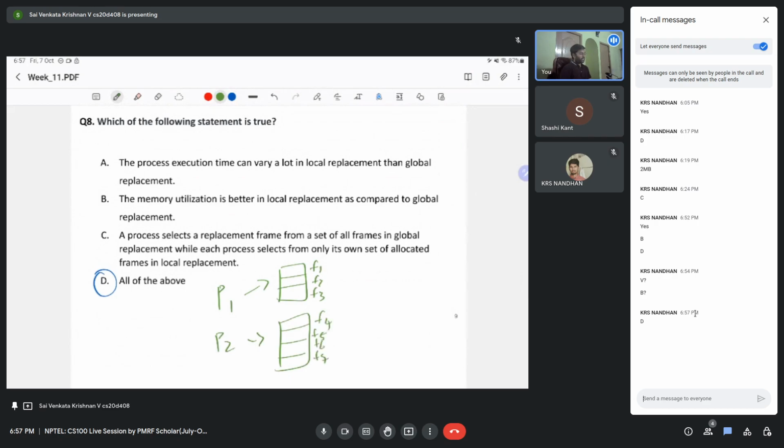Now say P1 wants to access some new page, P4, while 3 pages are already present, and based on the reference information, I have noticed that P2 in process 1.